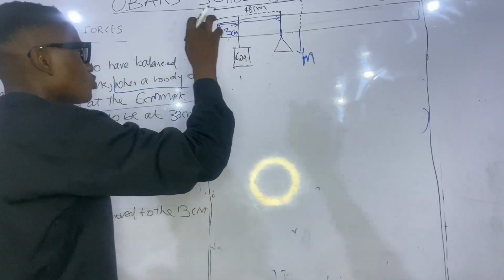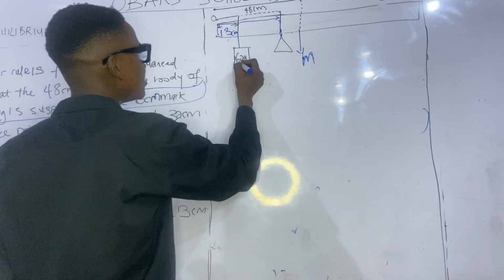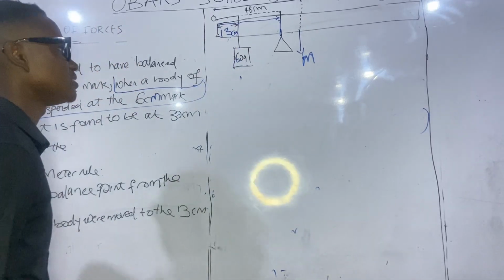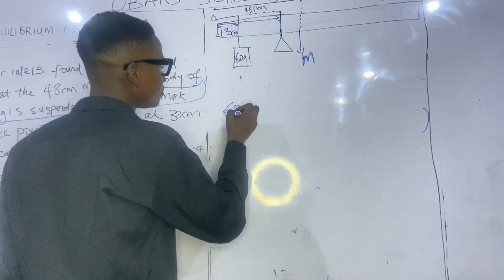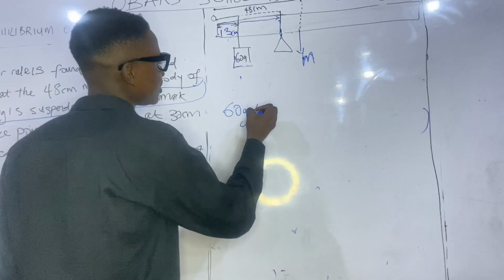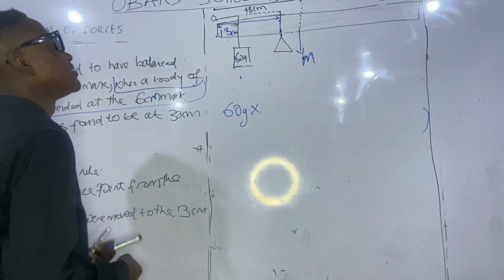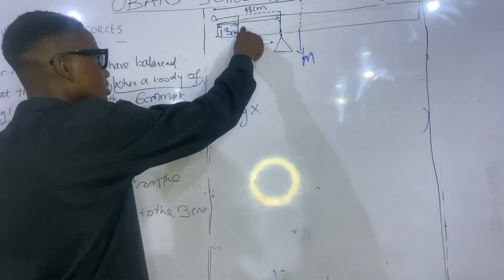The new balance point. So it's quite simple. We'll take clockwise moment to anti-clockwise moment. So that will be 60 gram times, now, what is the distance from where the 60 gram is to the balance point?